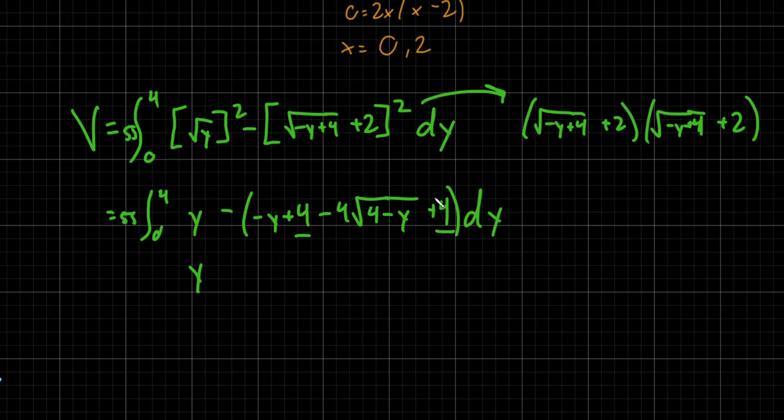This is what it'd be if we just FOILed it out. But now we can combine like terms, and now we're gonna get that 8. Okay, well, let's just combine like terms inside. So we have negative y minus 4 square root of 4 minus y plus 8. So that's inside. There's our 8. We just combine like terms.